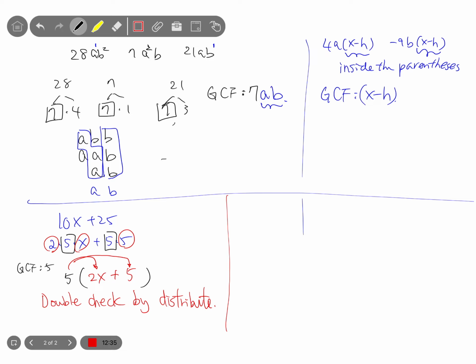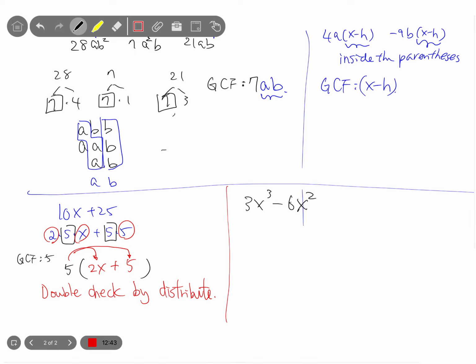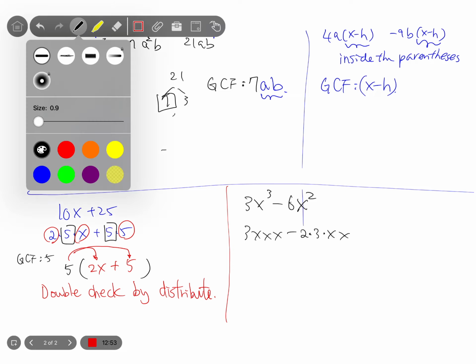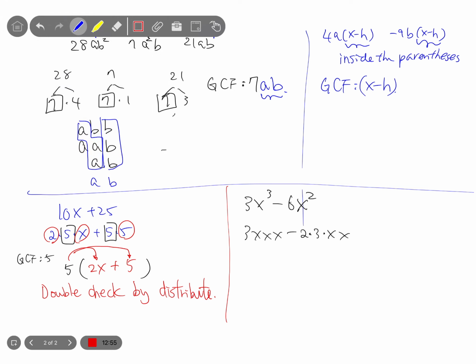So next problem, you have 3x cubed minus 6x squared. So again, 3x cubed is 3xxx, minus 6 is 2 times 3 times xx. And notice from here, you can see that they each have a 3. And I can take an xx out of both.